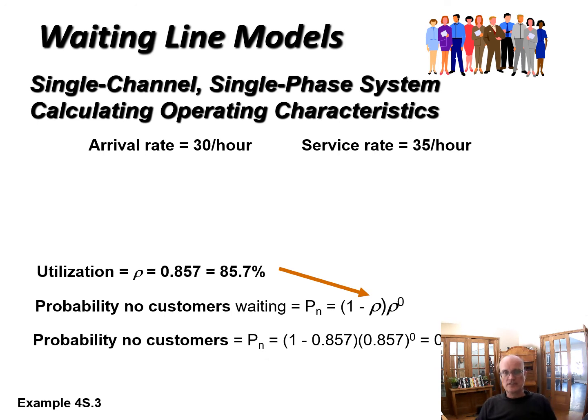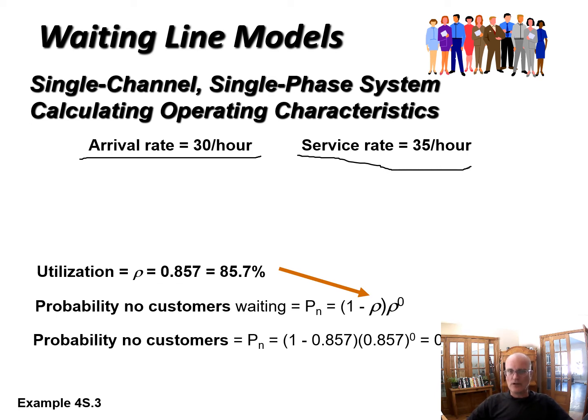So let's look at some examples here. We have a single channel, single phase system, calculating operating characteristics. We're trying to understand the lines and that sort of thing in the model. We have an arrival rate of 30 people per hour and a service rate of 35 people per hour. Those are both rates.